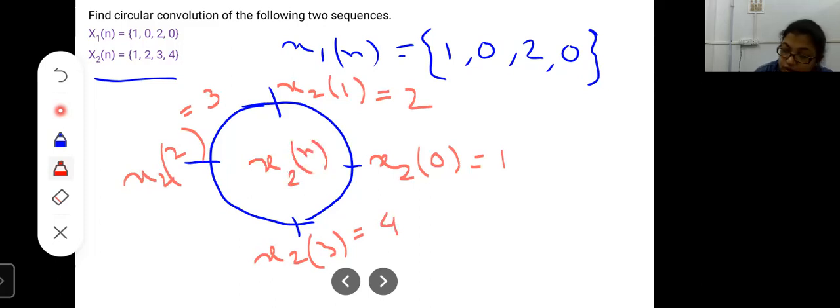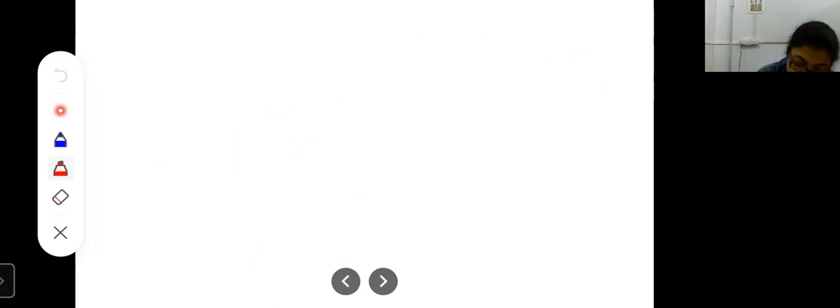Now if I want to shift it, the first step is reversing. If I want to apply the reversing property, we have to draw another circle and put the values in opposite order.